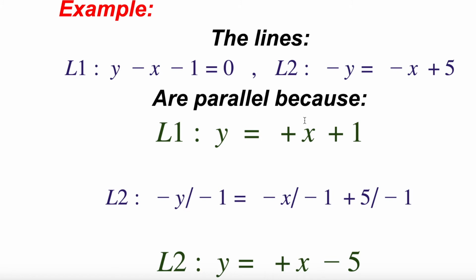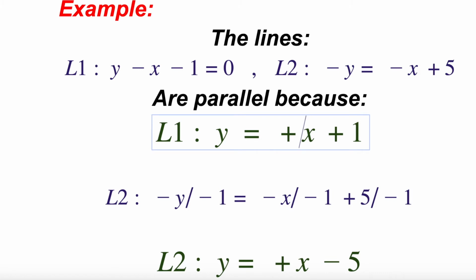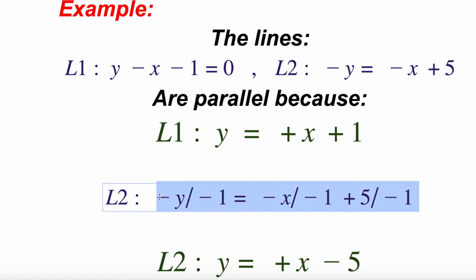So the slope is the number before x, which is 1. But it's not written, okay? So the first slope is 1. Now what about the second one? The coefficient of y shouldn't be negative 1. It should be 1. So what should I do? Divide all of them by negative 1 to get rid of this negative 1 before y. So I divided the whole equation by negative 1.